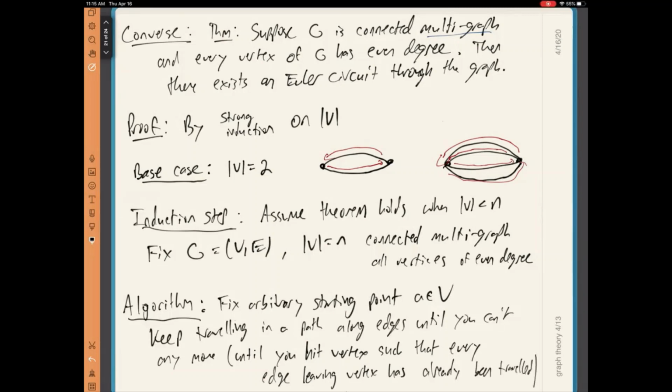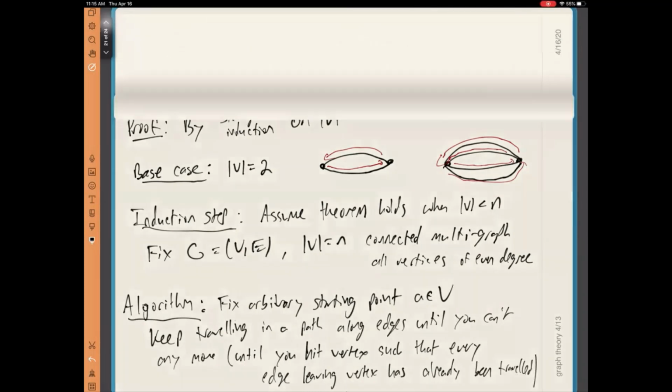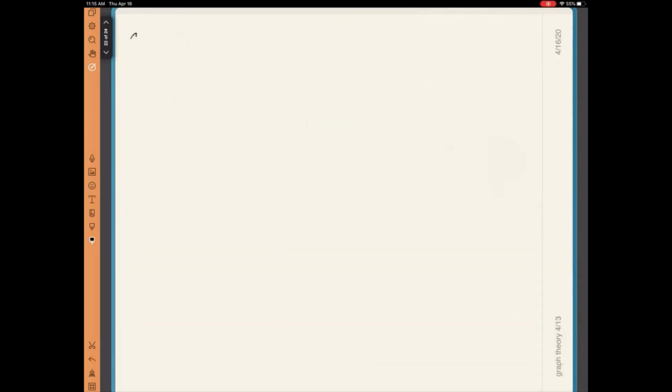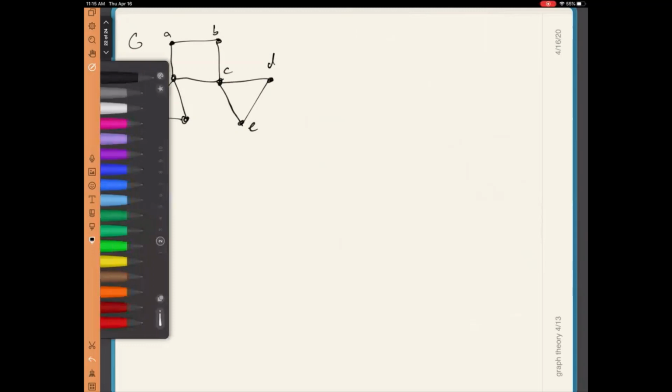Right, and so it may help to draw a picture to understand this a little bit. So let's say this is our graph G, and say this point A was picked as our starting point. Right, so maybe this is the graph we're working with, and this is a good picture to have in mind for the proof.